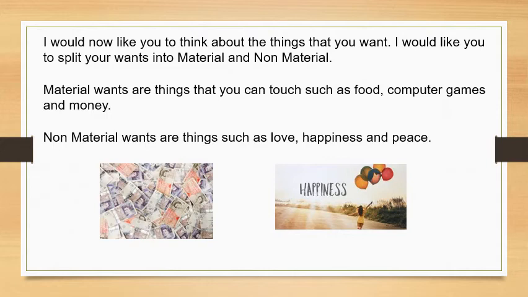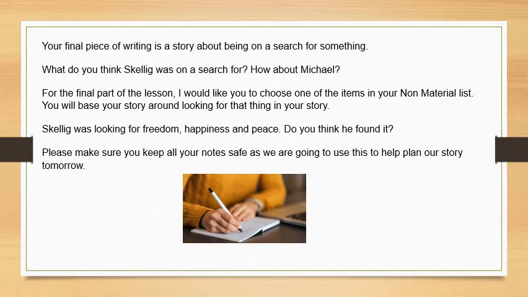So these are things that you really, really want in life. You may already have them, but maybe you want more of them. So you might already be happy, but you want a lifetime of happiness. Okay, so please write down your list and add it to the notes for the other part of this lesson. Okay, pause the video here and do that task, please.